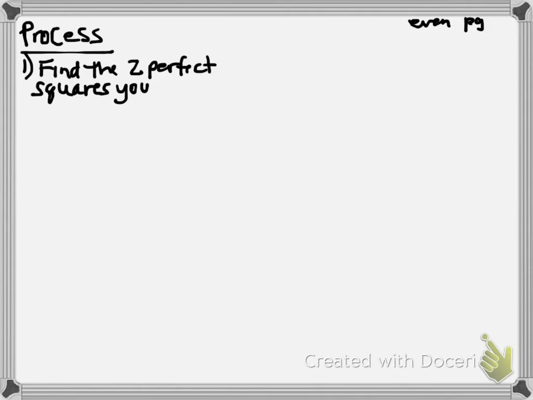So, number one thing we did is we figured out which perfect squares our radicand fell between. So, find the two perfect squares your radicand falls between. Remember, you're going to try to do this in two columns.